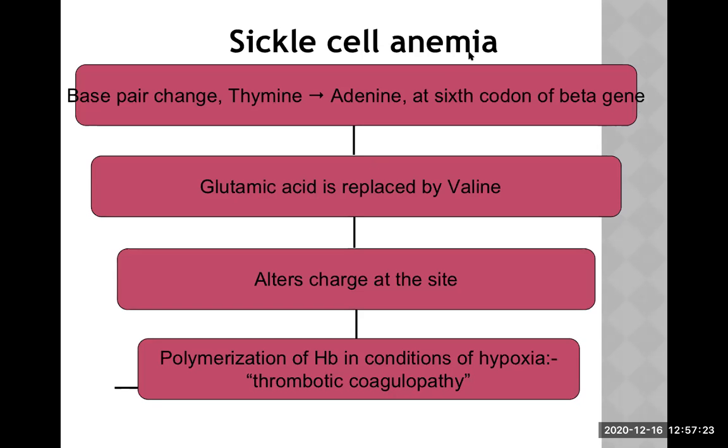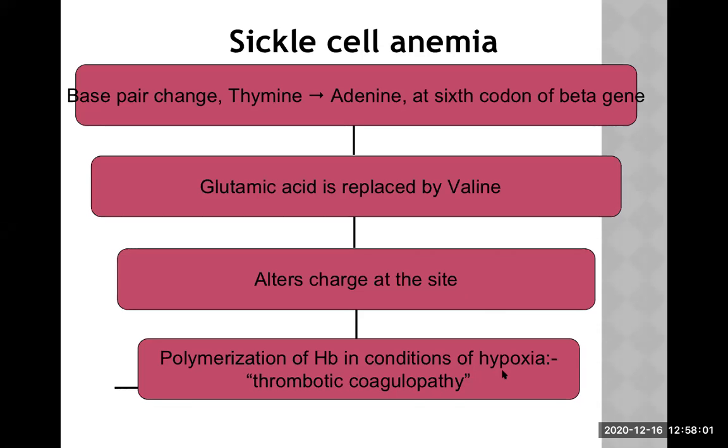Glutamic acid is replaced by valine. This alters the charge at the site. What does that mean? Because of this replacement, an altered type of hemoglobin is formed, which is known as sickle cell hemoglobin. And when that sickle cell hemoglobin passes through a hypoxic environment, polymerization develops, meaning multiple RBCs will stick with each other.